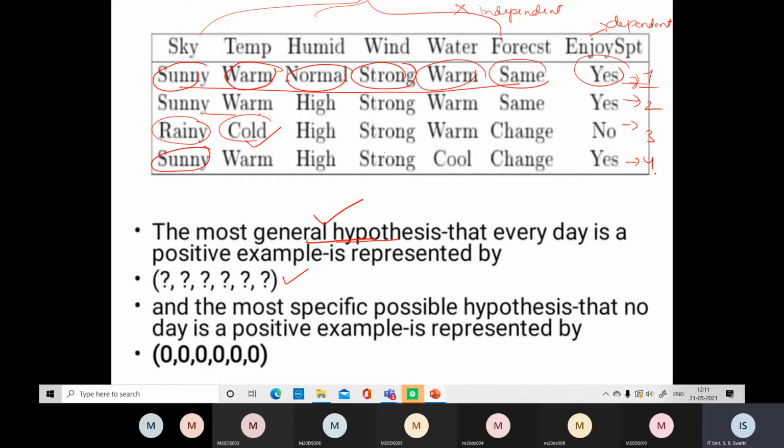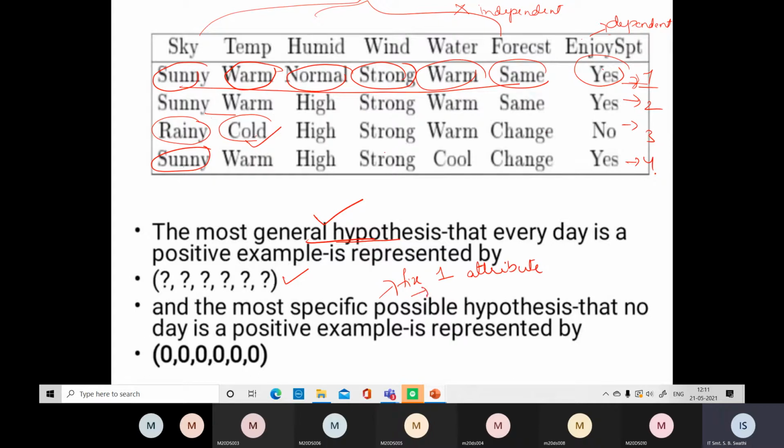Then if you try to give warm as an input under temperature, it won't accept your input at all, and it won't run that application. So one way to make the general hypothesis specific is to fix one value, fix one attribute. This is the first thing.